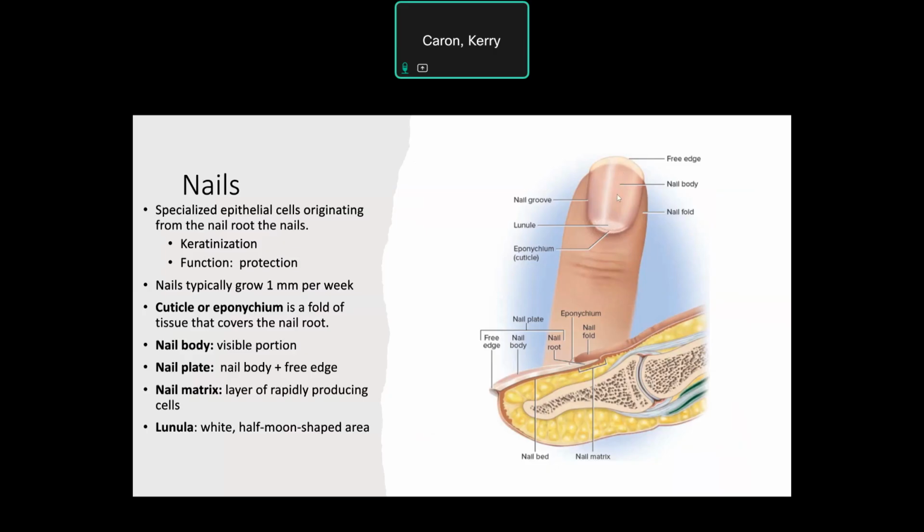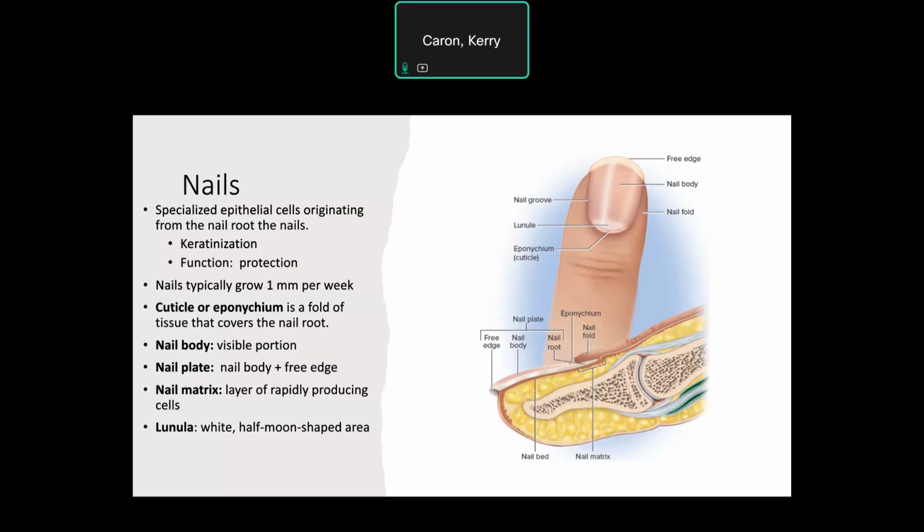The part that is exposed over the tip of your fingertip is called the free edge. So the nail body plus free edge equals nail plate. Call that the nail plate.